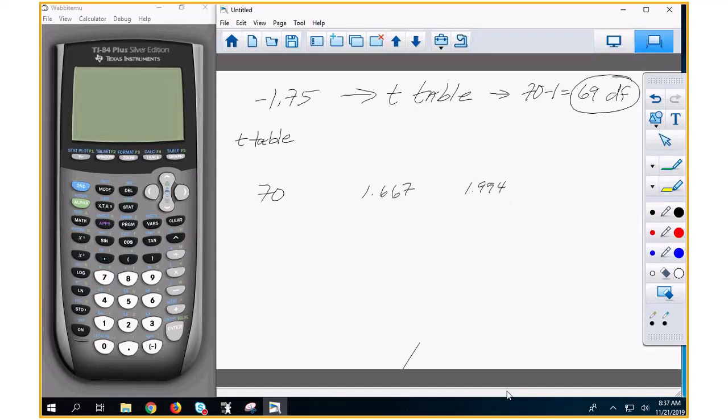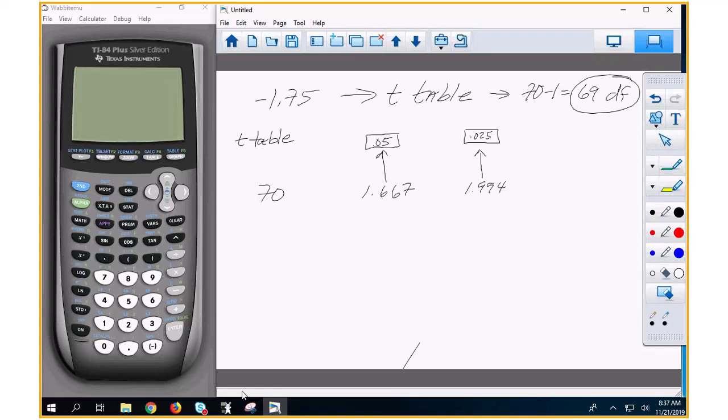Okay, now again, if you have a book, you can find the t-table. If you didn't bring your book, then you don't have a t-table, you have no idea what I'm talking about. And that is 0.05 and 0.025. If you go up and look, that's going to be 0.05 and 0.025.